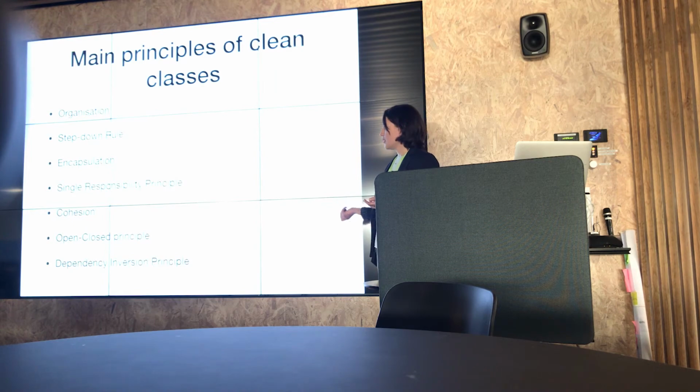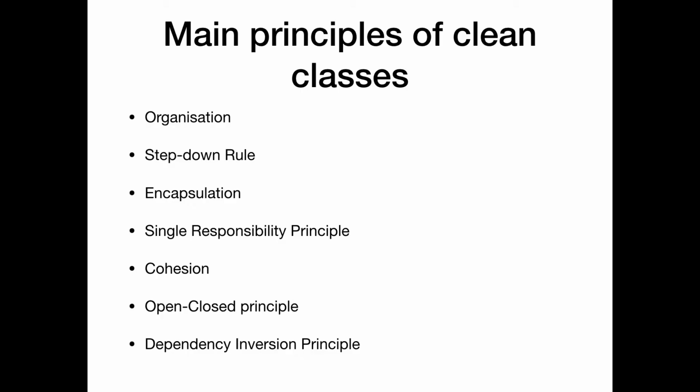So to summarize, all this leads us to these seven principles of writing clean classes. First, it should be organized properly. Then it should follow the step-down rule. It should follow encapsulation, meaning that you should keep your variables private.